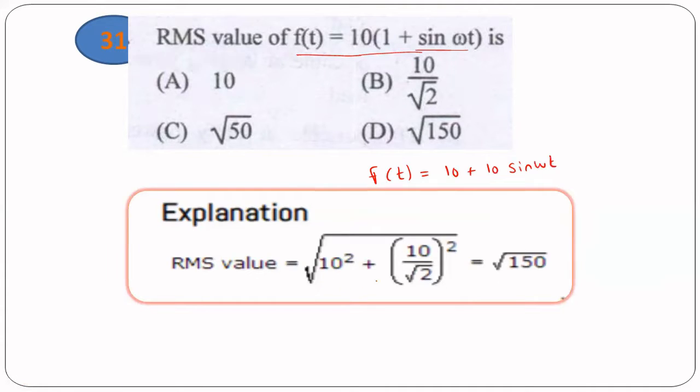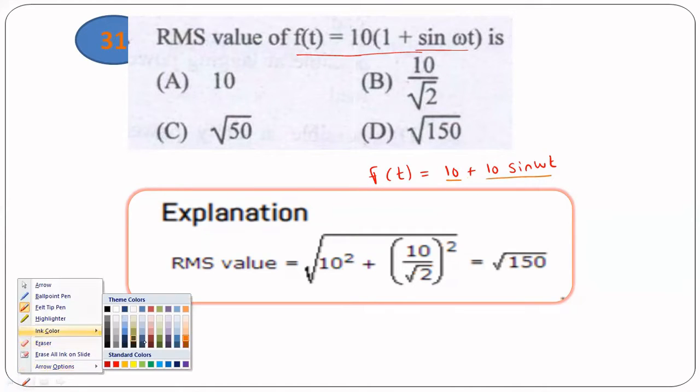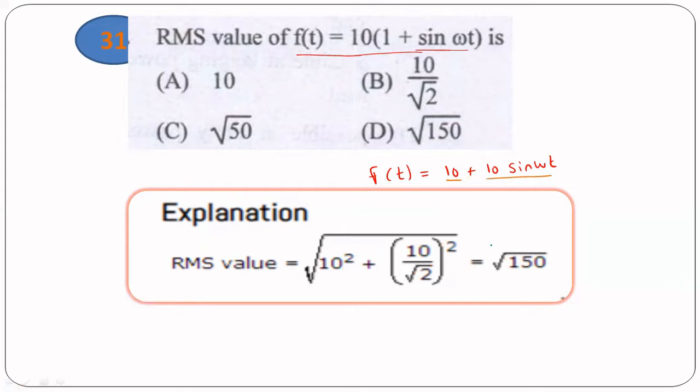As you can see in the solution, the RMS value can be given as the square root of these two quantities, which is x squared plus (10 by root 2) squared. If we solve this, we get the answer as 150. So the square root of 150 is the answer, and the option to be marked for the given question is option D, which is square root of 150.